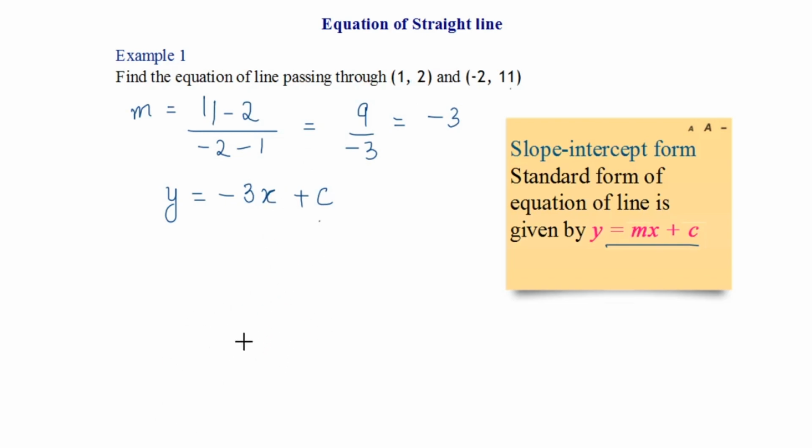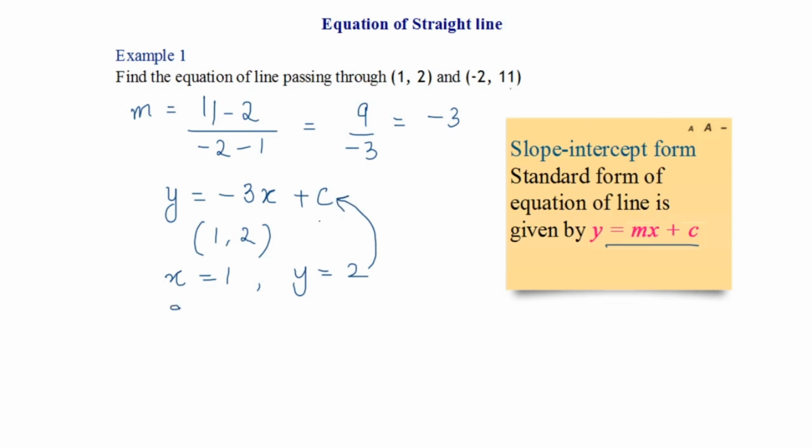So, let's substitute the coordinates of one of the points in the line. Let's take (1, 2). For this point, the x coordinate is 1 and the y coordinate is 2. So we'll put these values in this line.